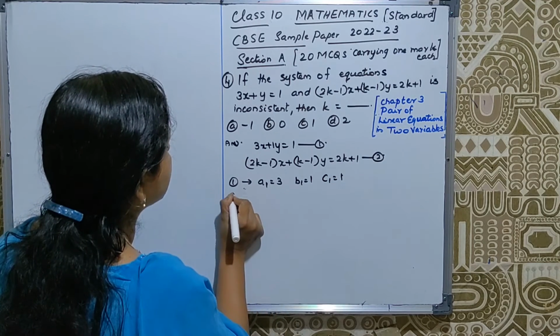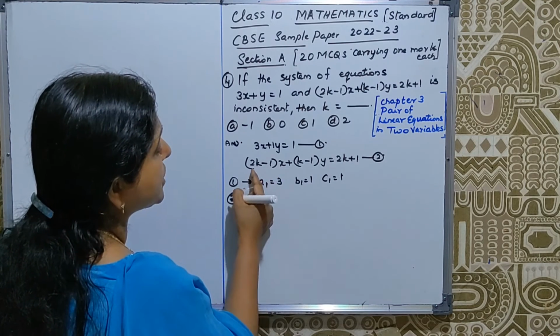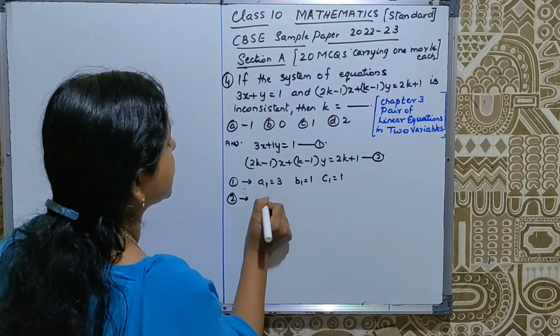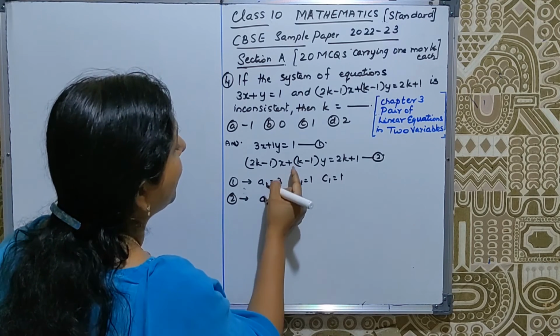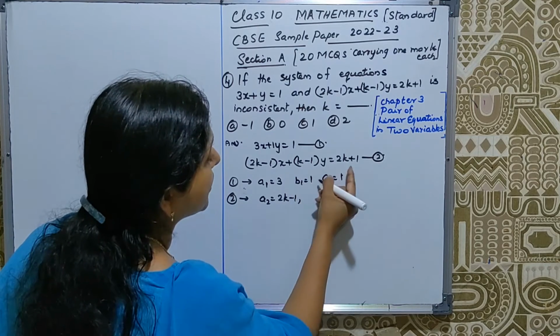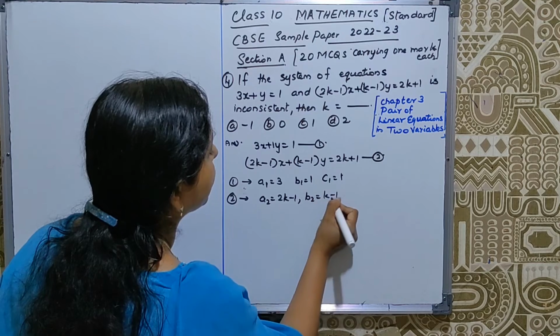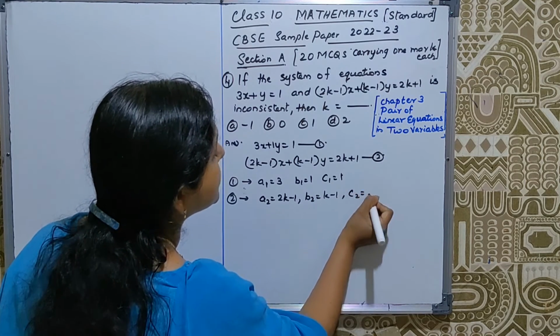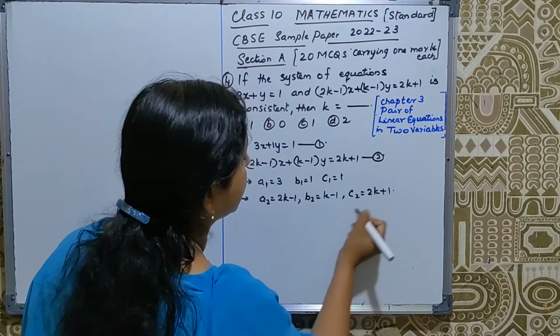Now from equation number 2, again we'll write what is A2. A2 is the coefficient of x in the second equation, that is 2k minus 1. B2 is the coefficient of y in the second equation, that is k minus 1. C2 is the constant in the second equation, that is 2k plus 1.